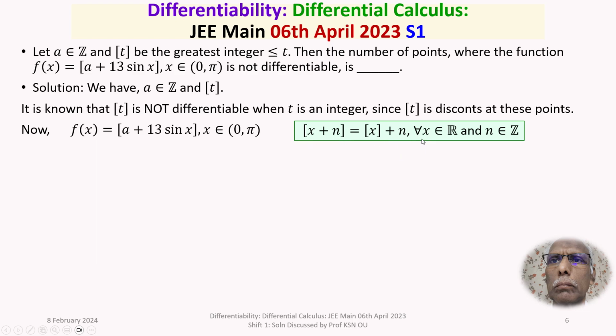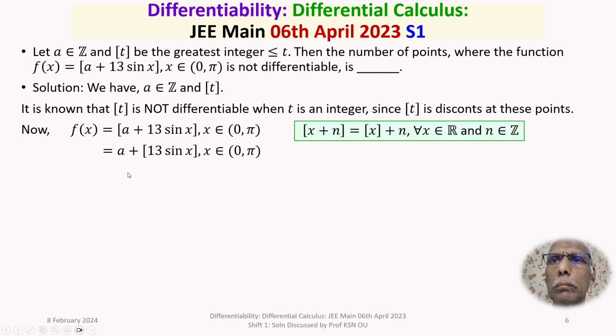This is true for all x belonging to the set of real numbers and for all n belonging to Z, the set of integers. So applying here, that's equal to a + [13 sin x], x belongs to (0, pi).